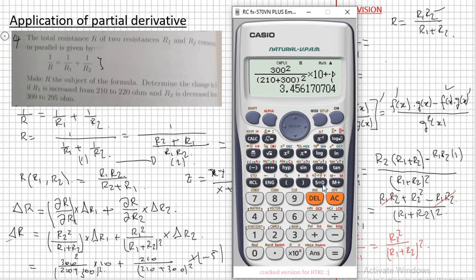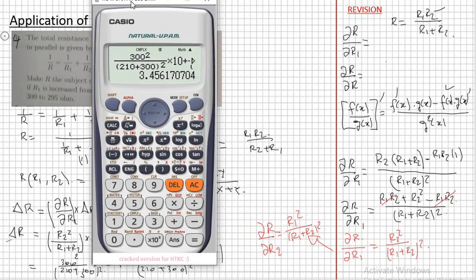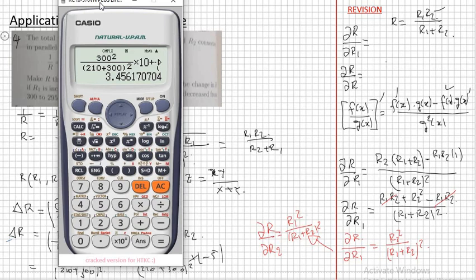So that's gonna be the value of the change in R. So the change in R is 3.4562.